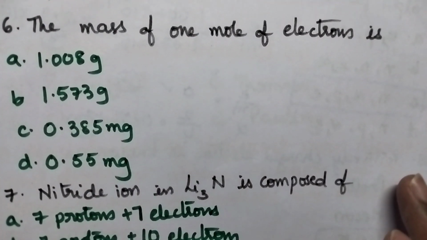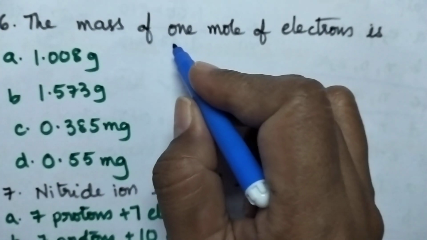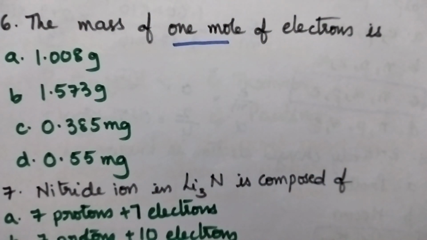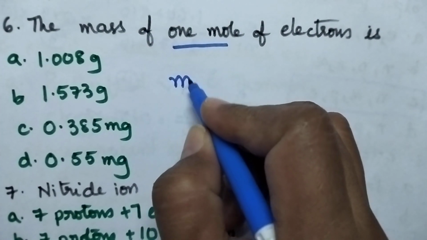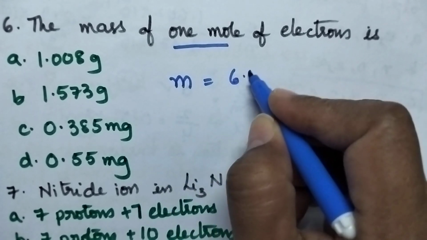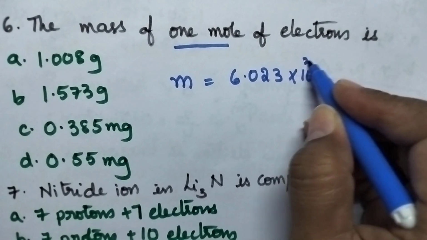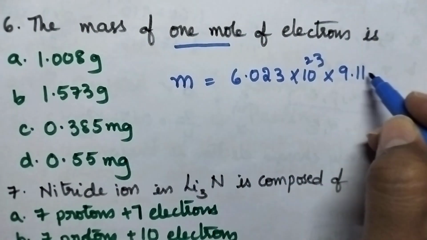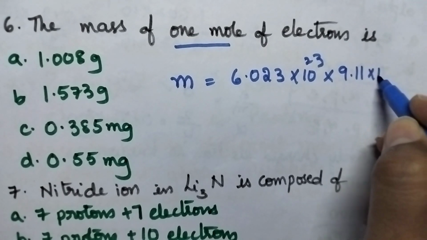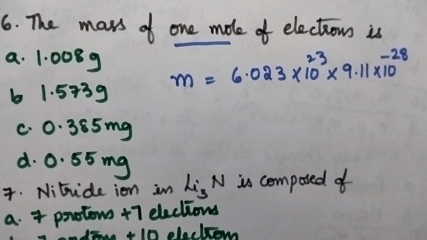The mass of 1 mole of electrons is. Always remember that 1 mole of any substance consists of Avogadro number of particles. So for calculating the mass of the electrons, we have to consider Avogadro number, that is 6.023 × 10^23, and multiply it with the mass of the electron, that is 9.11 × 10^-28. Just do the calculation.